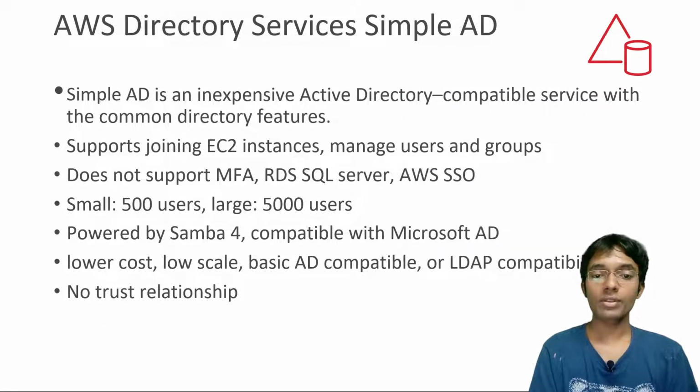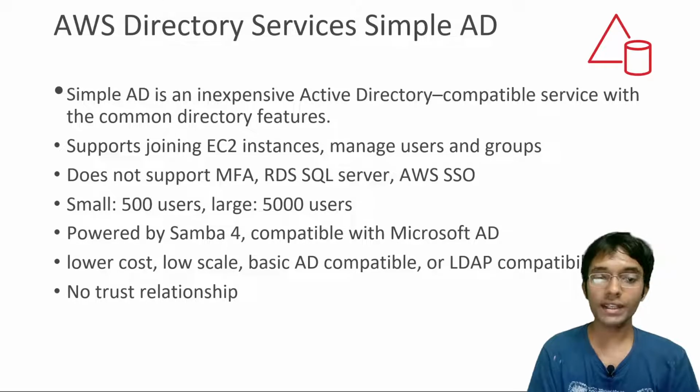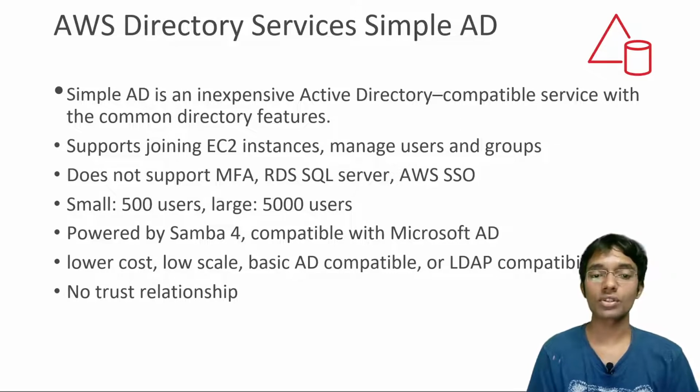Finally, we have Simple AD, which is going to be a very inexpensive Active Directory, and it's going to have the most common directory features. It will support joining of EC2 instances and managing users and groups, but it won't support multi-factor authentication. It will not support integration with RDS SQL Server.